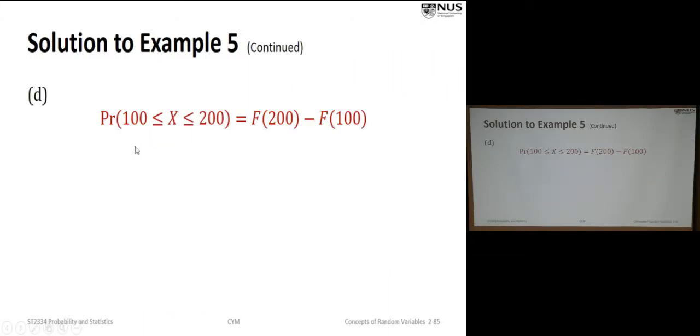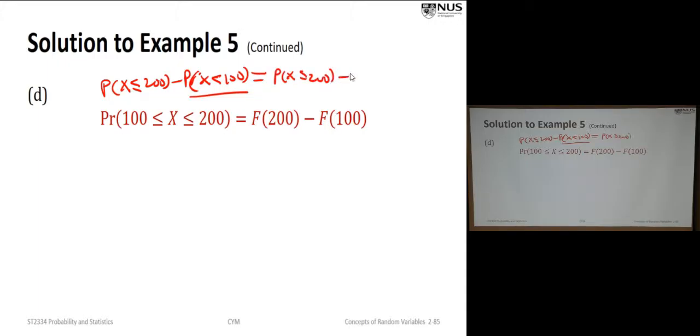All right, so now when I come to find out the chance that x falls between 100 and 200, strictly speaking, this is probability of x less than 200 minus probability of x less than 100. But this is the same as probability x less than 200 minus probability x less or equal to 100.